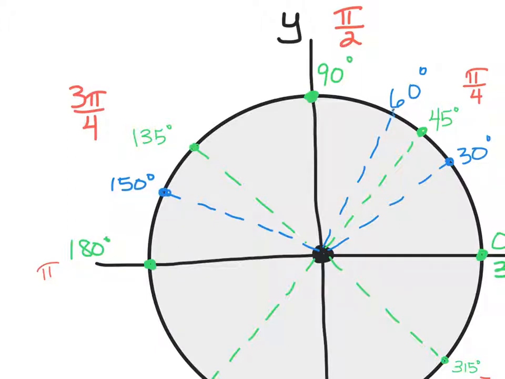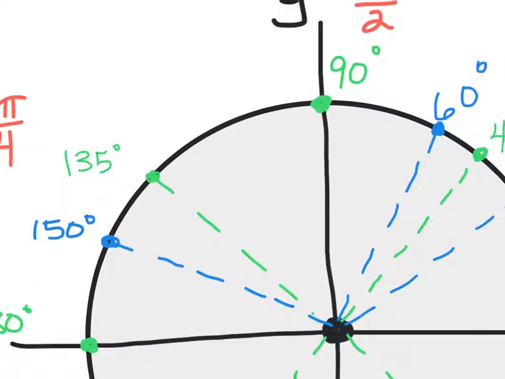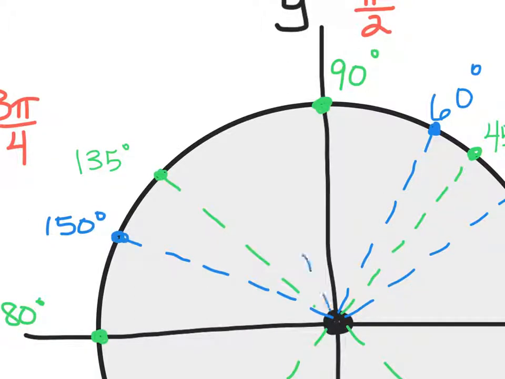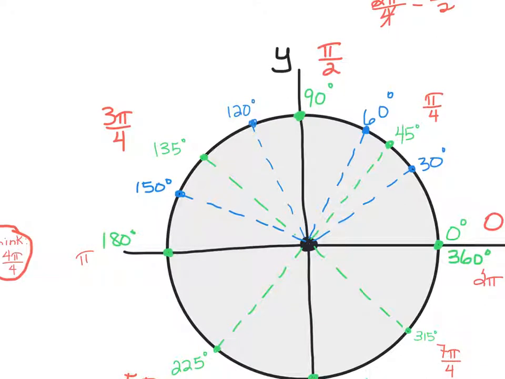If you have an angle in the second quadrant whose reference angle is 60 degrees, I know I said that I would stick with the 30s, but I want to finish the second quadrant. That's going to be 120 degrees, because 120 is 60 degrees away from 180. So there's your second quadrant degree measures.